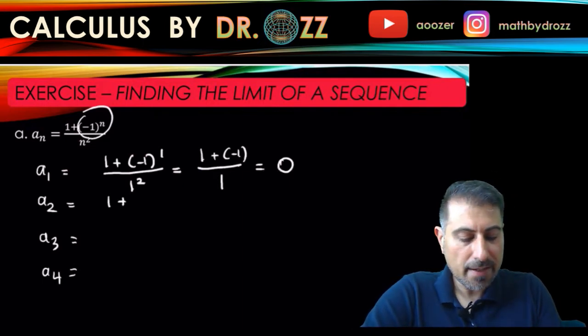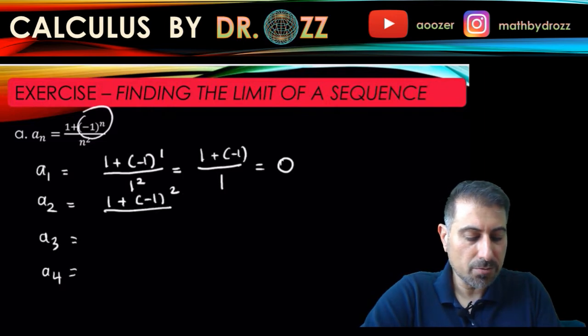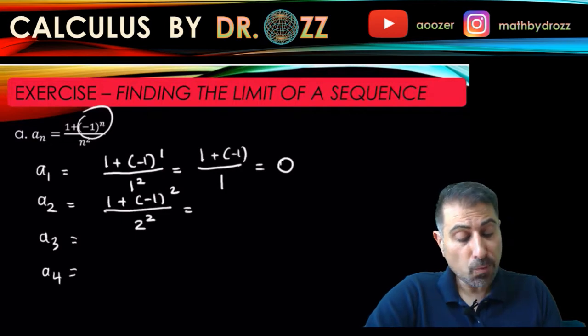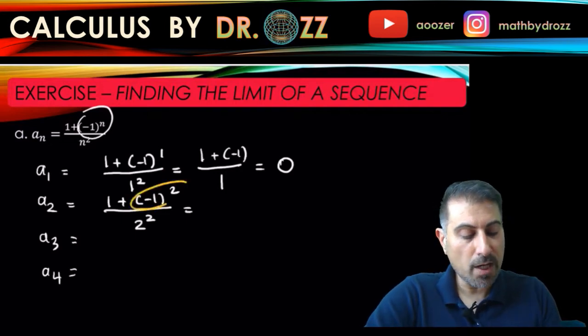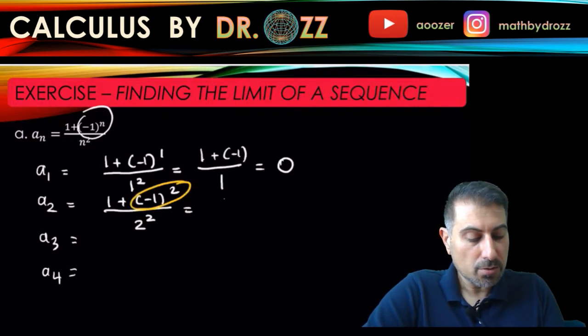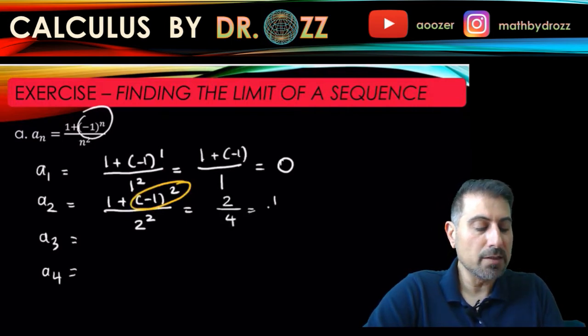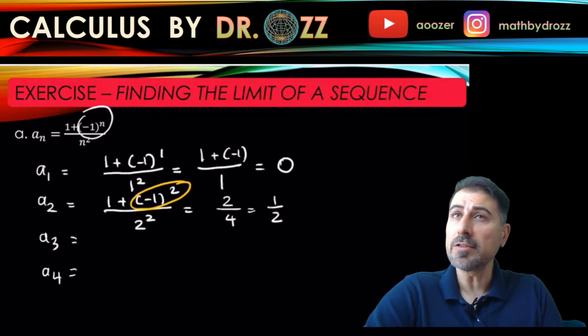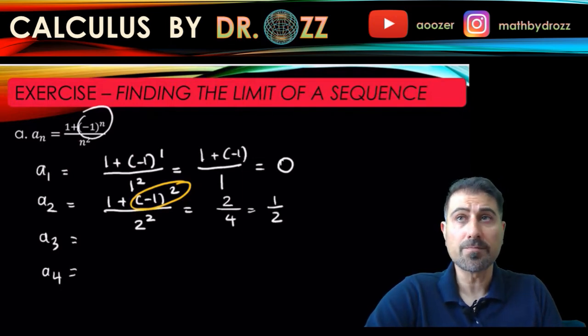What if I have n equals 2? In that case, (-1) squared is, in fact, 1. So 1 plus 1 is going to be 2. So 2 divided by 4 is 1/2. So a_2 is non-zero, and it's 1/2. Okay.